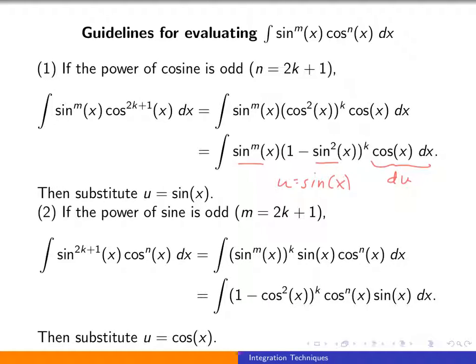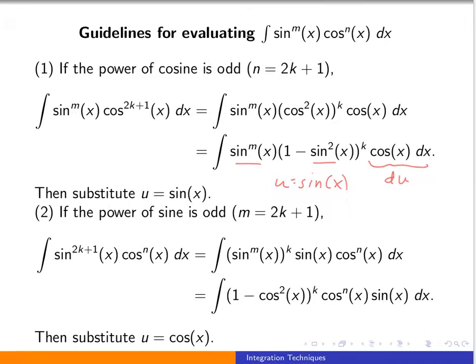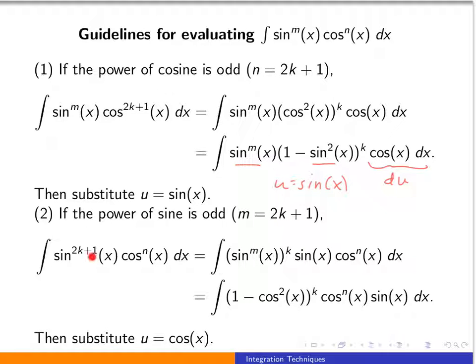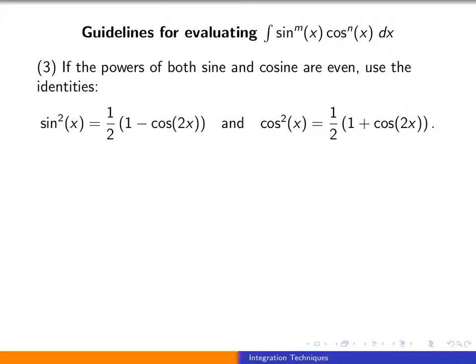The exact same thing if the power of sine is odd. What we would like to do is save that extra power of sine, which is going to play the role of du, and then we rewrite the remaining sines in terms of cosine. Then there's the case of both the powers of sine and cosine actually being even.